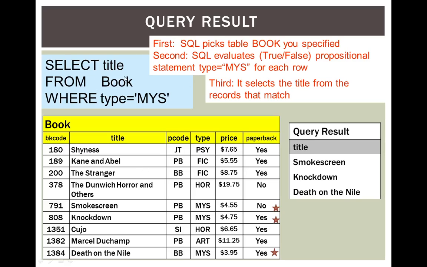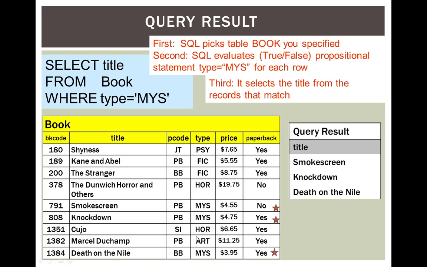So here, select title. Again, we're in table book, looking in column title, and then we're saying within this column we want to match this conditional where type equals mystery. All it would actually return would be Smoke Screen, Knockdown, and Death on the Nile. Those are the only things that return.